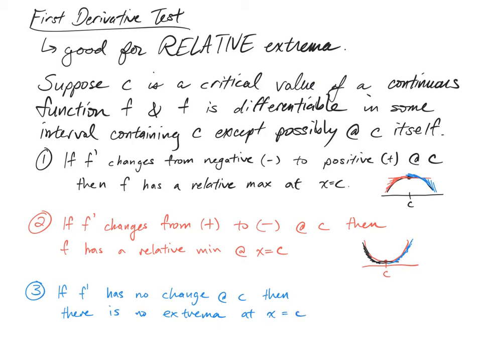There's no chance for an extremum at x equals c. So that's what the first derivative test tells you. Let's take a look at how this works in the context of a few examples.